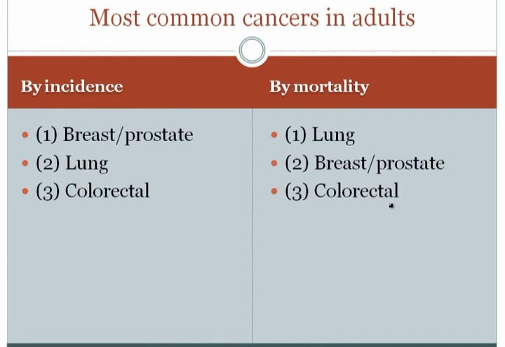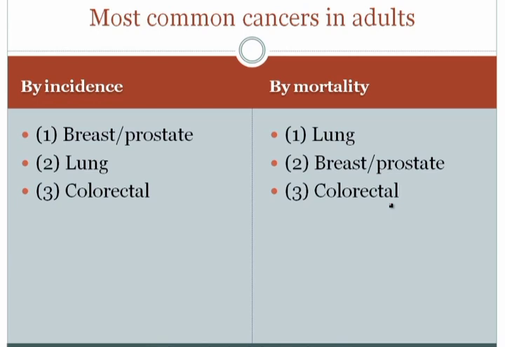But what I want to highlight here is that notice that lung is actually jumping up to number one as a cause of mortality. And this sort of brings us to a point that's important to understand, and that is one of the greatest mechanisms by which we can actually handle cancer is early detection. If we can detect cancer early and remove it from the patient before it really can wreak havoc in that patient, that is one of the greatest ways by which we can serve our patients.